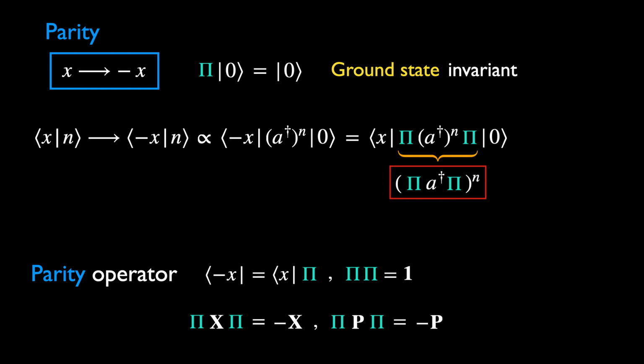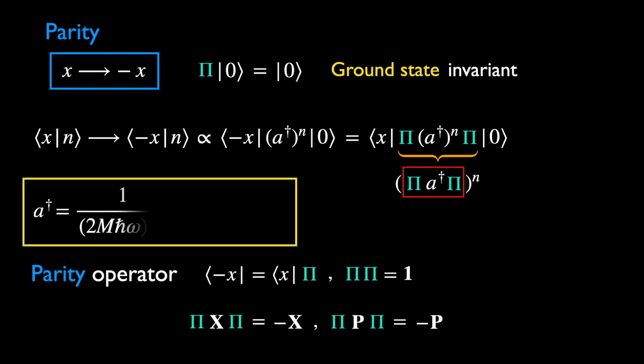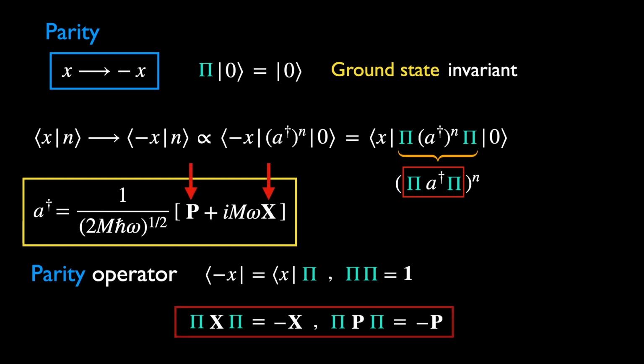So we end up with the transformation of a dagger raised to the power of n. We know how a dagger transforms since its definition in terms of x and p is known, and we know that x and p are odd under parity. This means a dagger is odd as well.